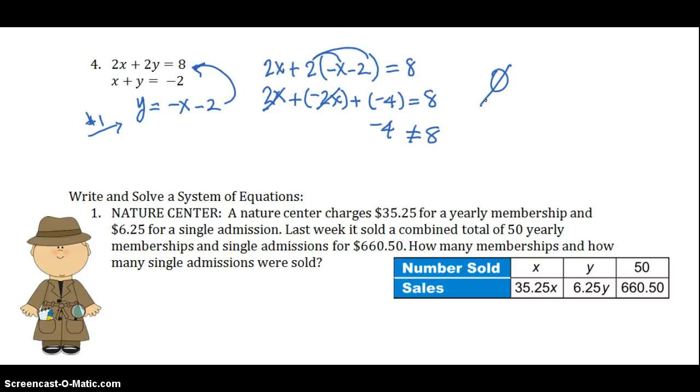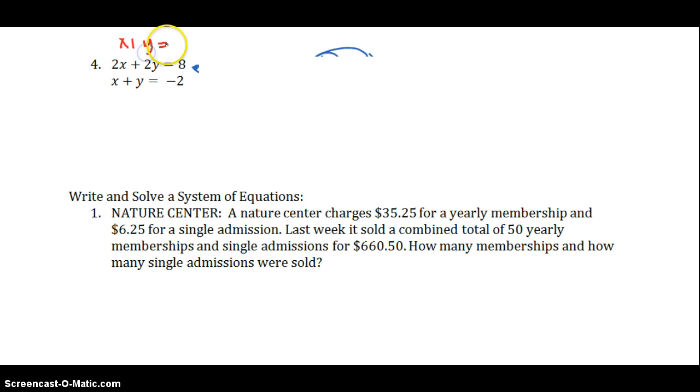If we wanted to check that, take the first equation. If we divided everything by 2 and solve for y, let me change colors. So if I divide everything by 2, x plus y equals 4, then we isolate the y. That'll be y equals -x plus 4, and guess what?